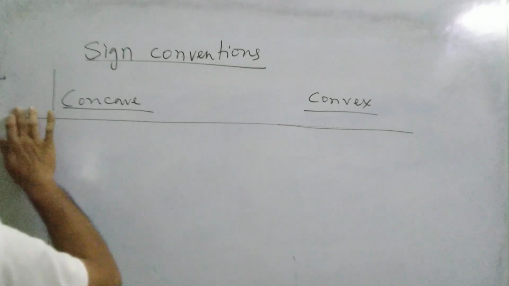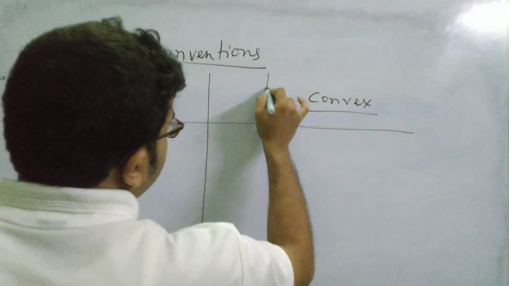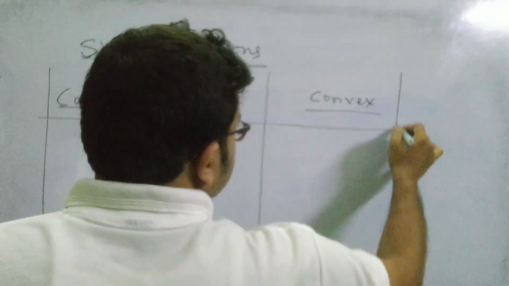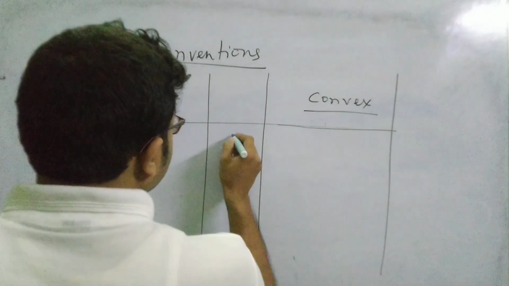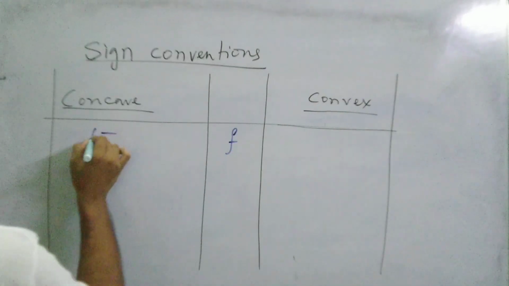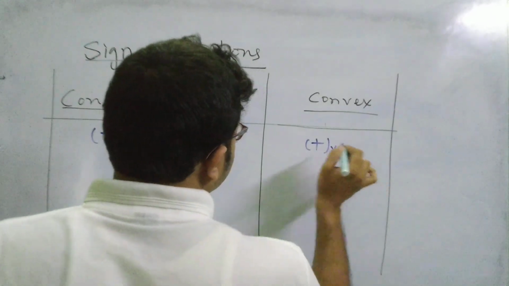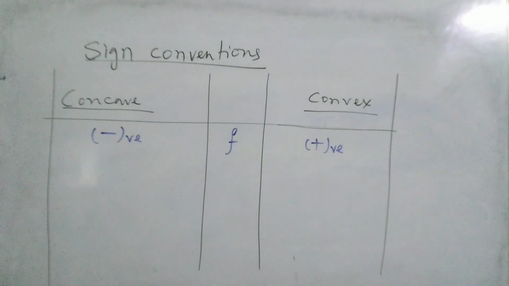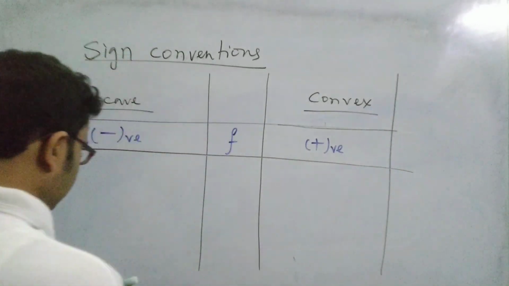Let us write this in the middle, it will be easier to compare. So this is a chart. For the concave mirror the focal length is negative, whereas for the convex mirror it is positive.